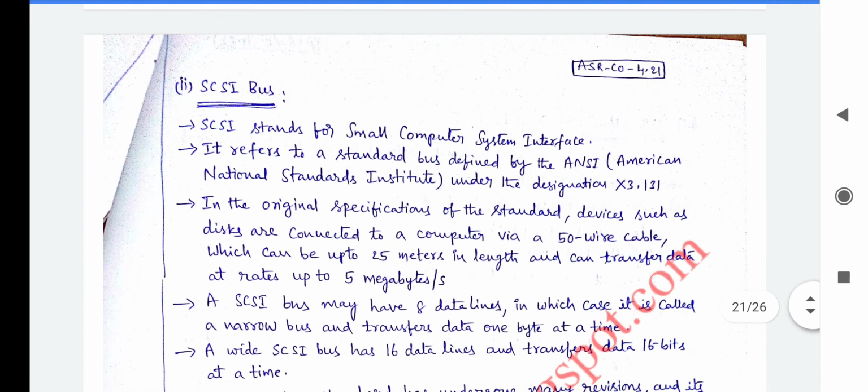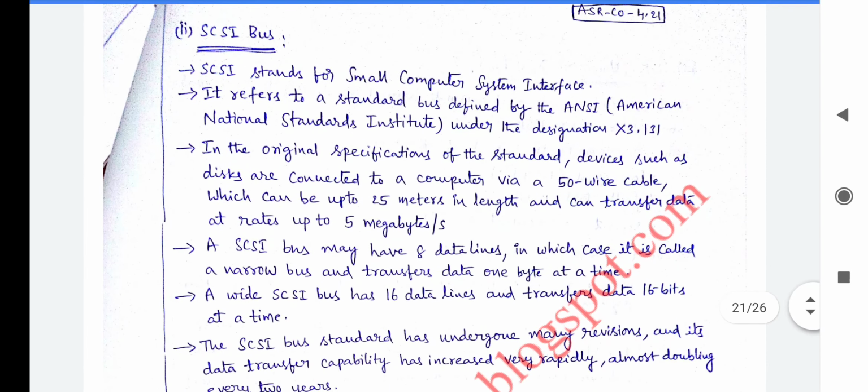Next, the SCSI bus. SCSI stands for Small Computer System Interface.